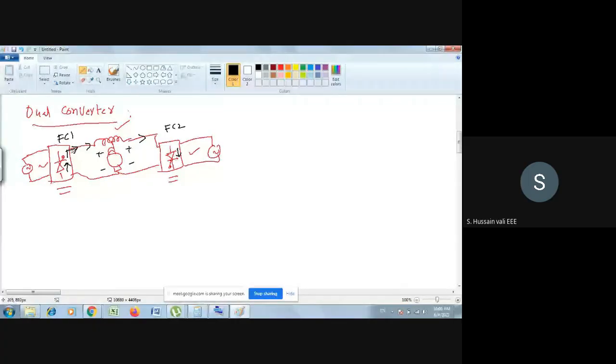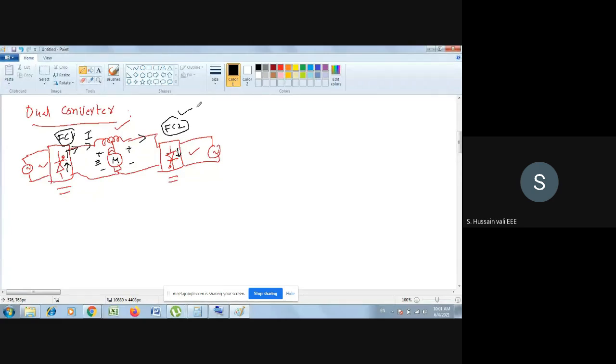When you want the current positive, that is from source to the load, the voltage is of course positive only. That is when you want to run this DC motor in the motoring mode, you operate full converter one. When you want to operate in regenerative braking, you operate full converter number 2. That's the logic. There is no other logic here. Simple logic.